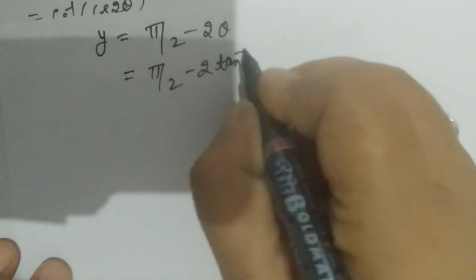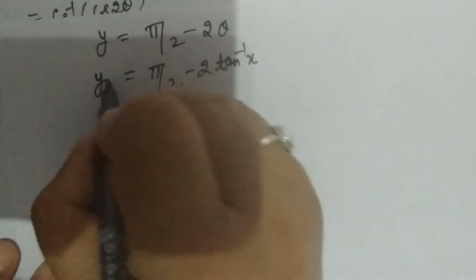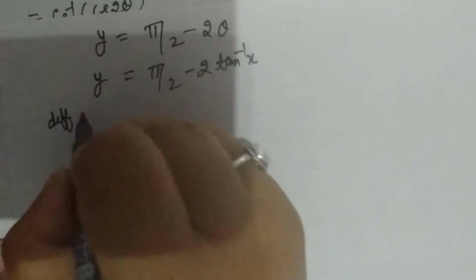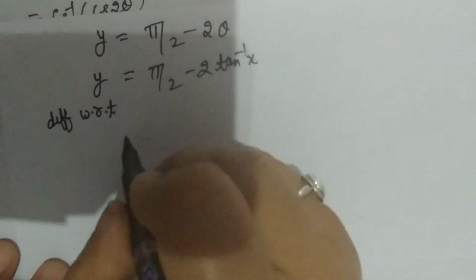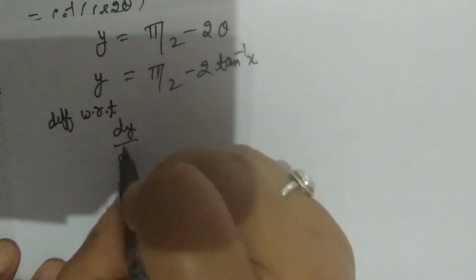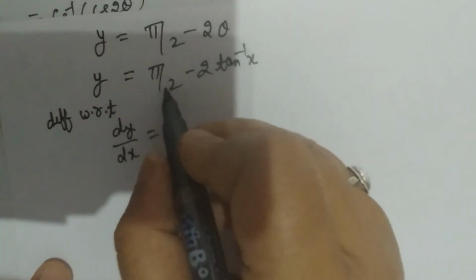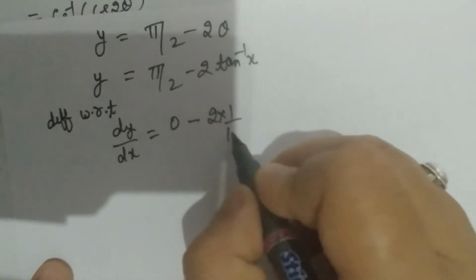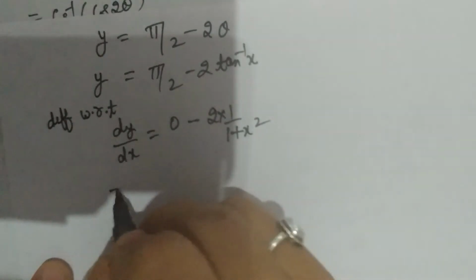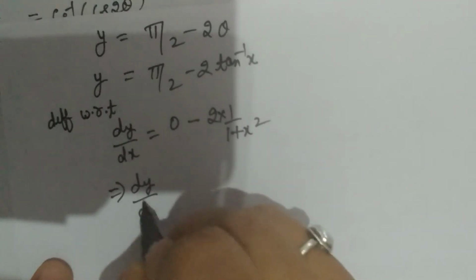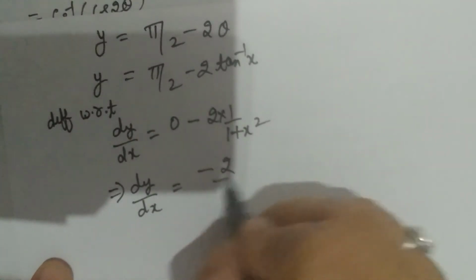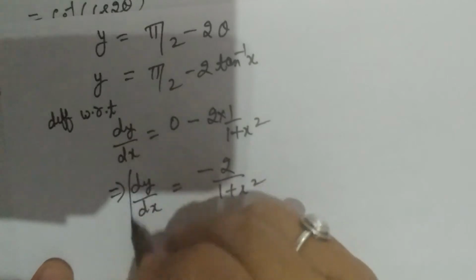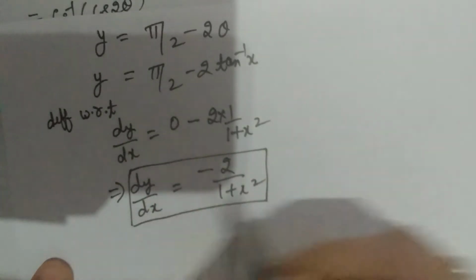So I'll put it like this and it will be pi by 2 minus 2 tan inverse x. Differentiating with respect to x, I get dy by dx is equal to the derivative of a constant, that is 0, minus 2 into 1 upon 1 plus x square. So dy by dx is equal to minus 2 upon 1 plus x square.